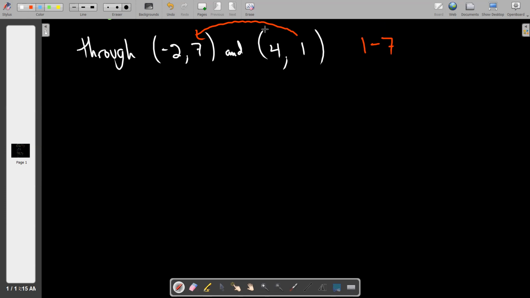On the bottom of my slope fraction, follow the blue arrow, what problem is that? 4 plus 2. Very good, you guys. And then I got to know some third grade math here. What's 1 minus 7? -6. And what's 4 plus 2? What's the slope? So the slope is -1. So that's my m.